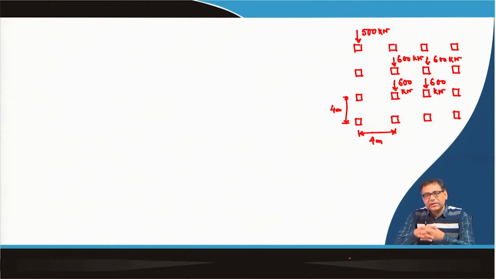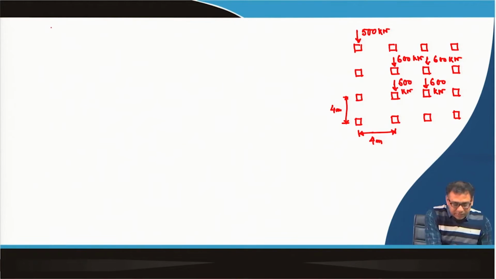But in this case, it is observed that we cannot provide individual or isolated footings for this type of soil and this type of loading condition, because the footings are overlapping each other, or maybe some differential settlement issues are there. So, we have to provide a combined foundation for all the columns, and that means we will provide a raft foundation. So, I will discuss the design of raft on clay.